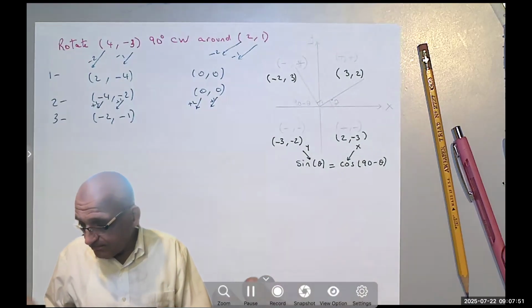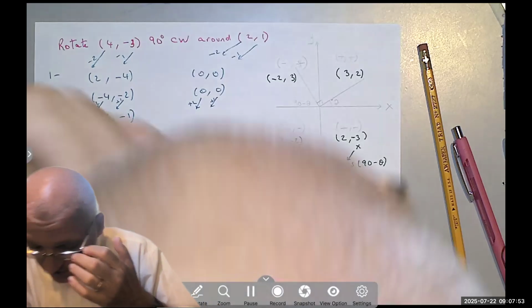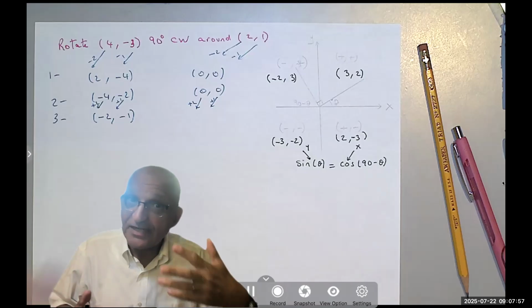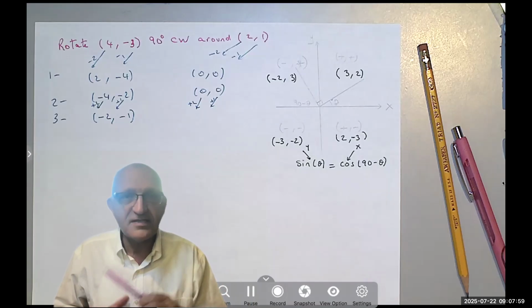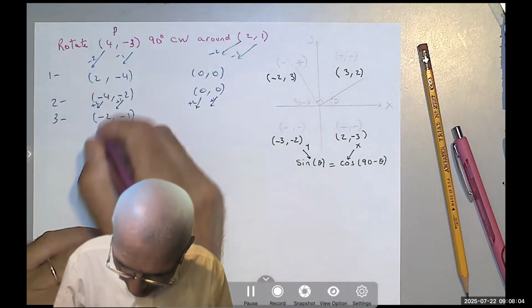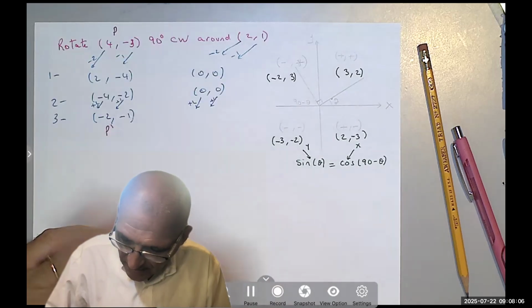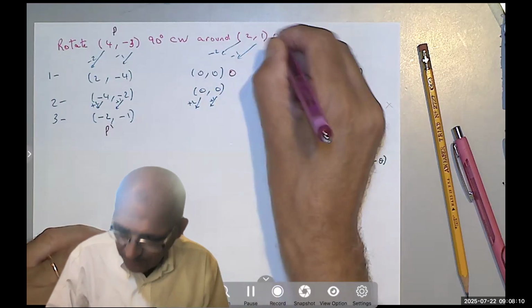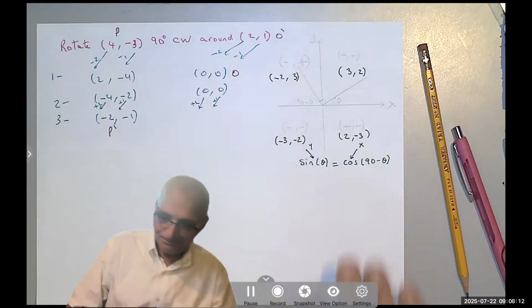You can check my answer. Maybe I did something wrong. I have 2 things that I know for sure if I did it correctly, they would be true. What are they? If we call this point P and that point P prime, and this is the origin, and this is the origin prime. I don't care about the origin.